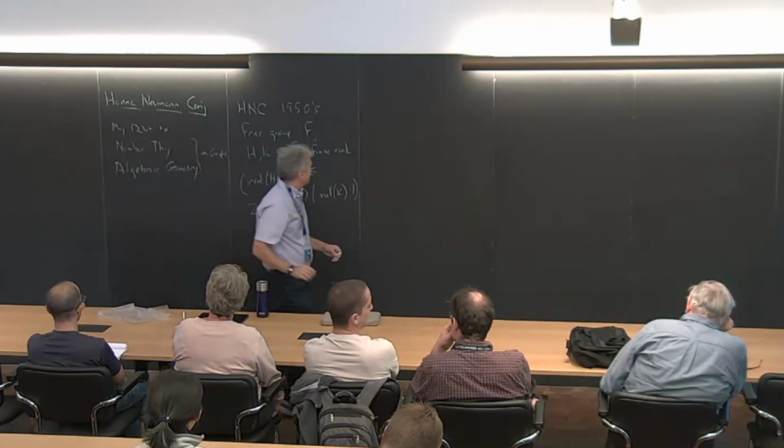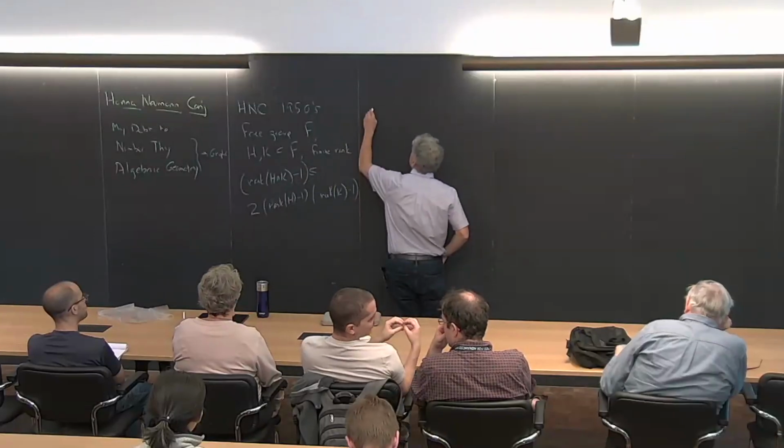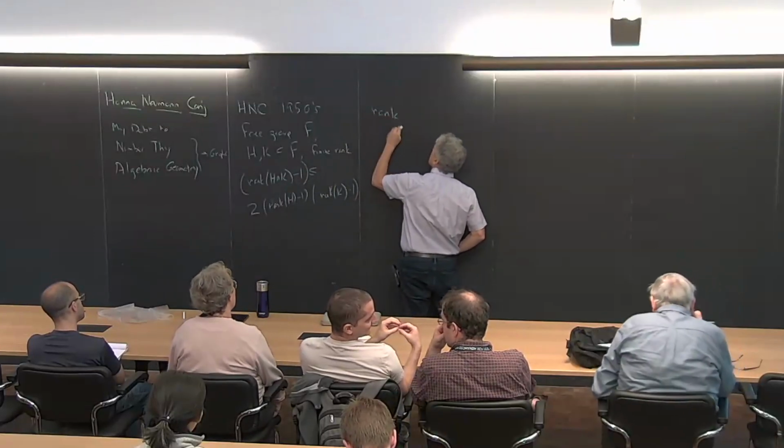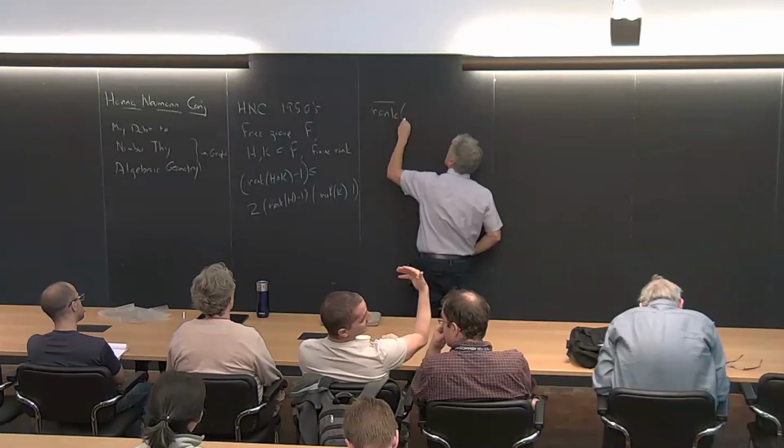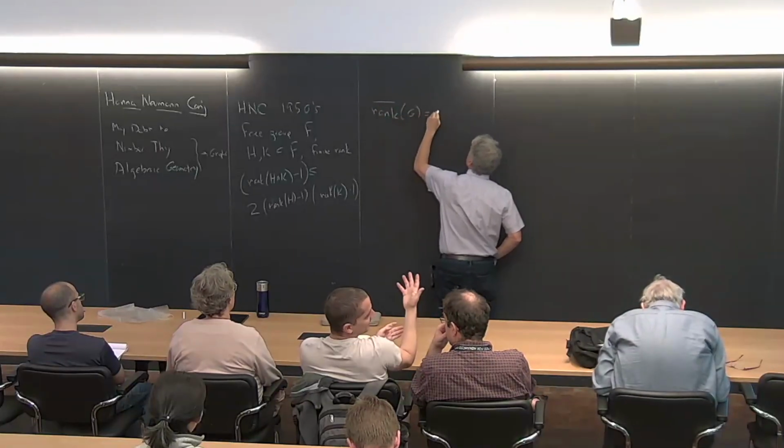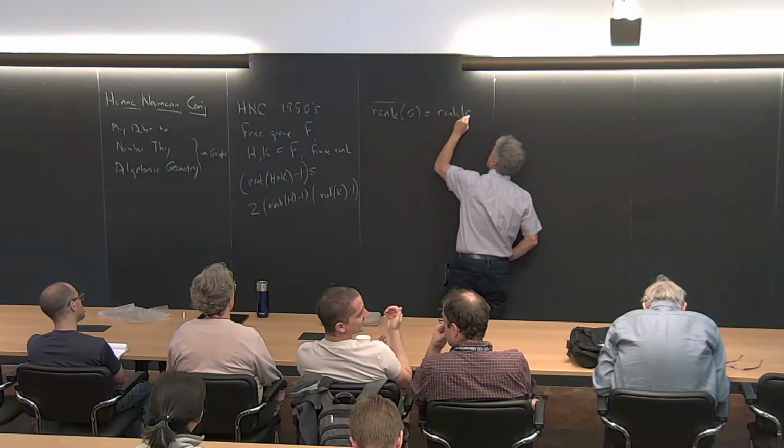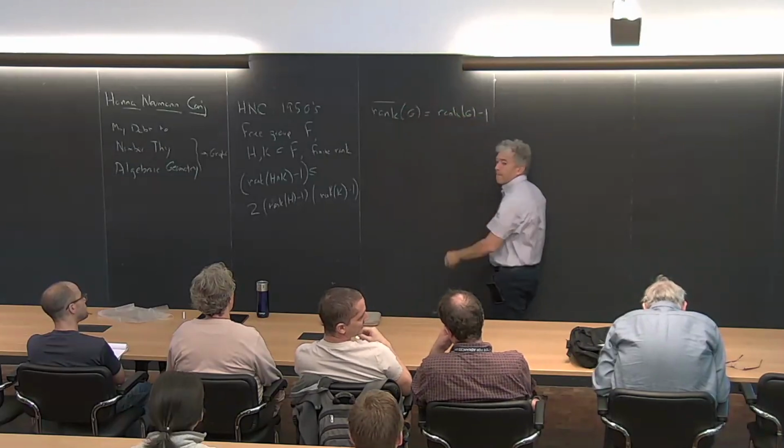So the way I would like to write it is to say that the reduced rank of a group is just the rank of the group minus one.